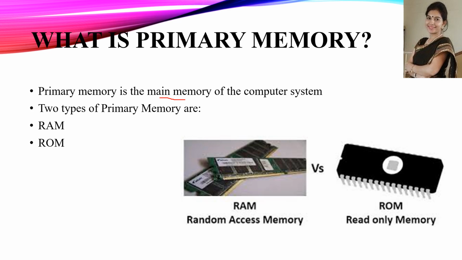So this primary memory is of two types, RAM, that is random access memory, or ROM, read-only memory. Now RAM is the type of volatile primary memory and ROM is the type of non-volatile primary memory.